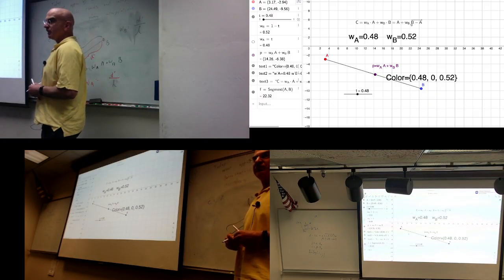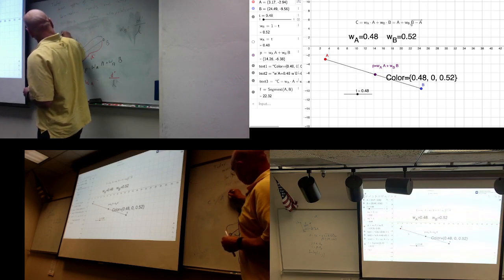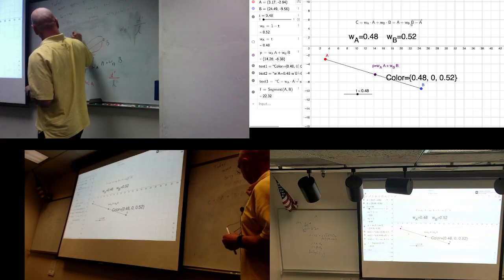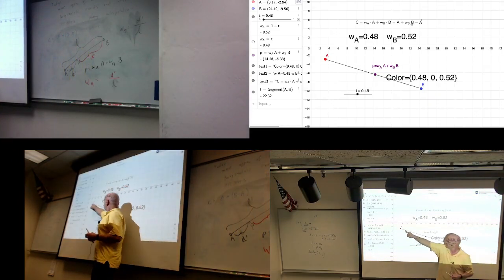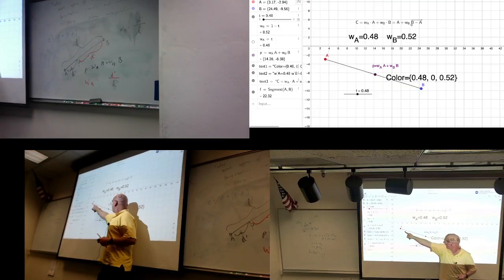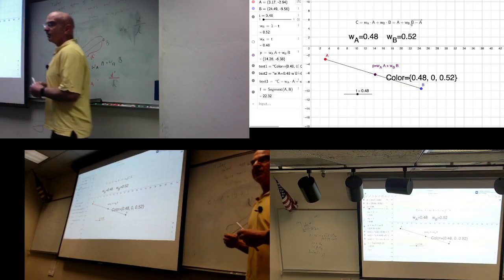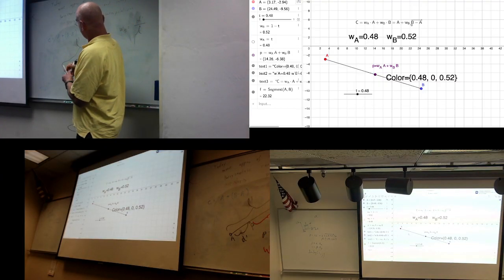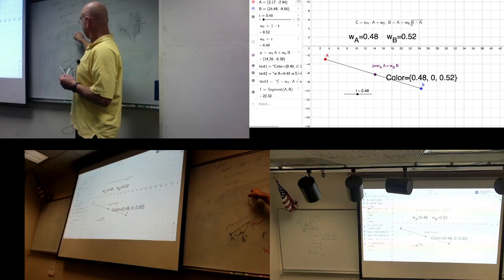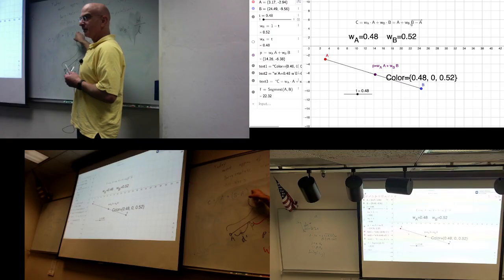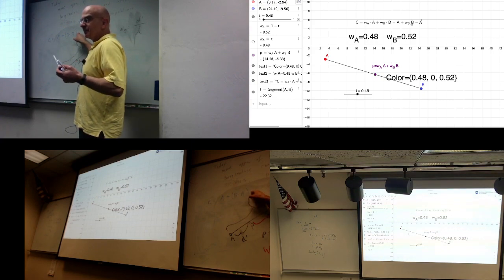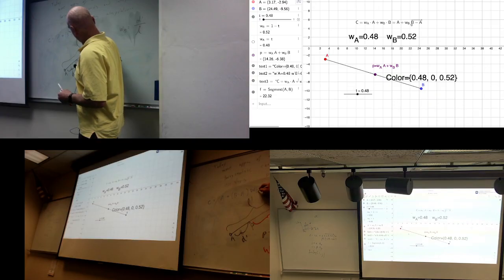Go from the origin all the way to A, and then go along the segment B minus A, the segment that goes from A to B, direction matters. How much should you go along this segment? Well, if I want to make it all the way to B, then this coefficient must be 1. If I want to stay in A, this coefficient must be 0. And in between, it's just linearity. So it will be WB.